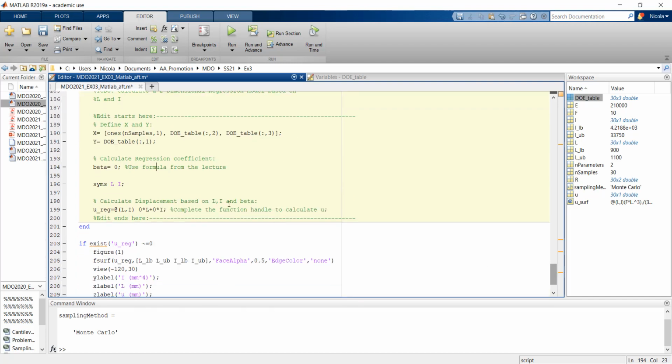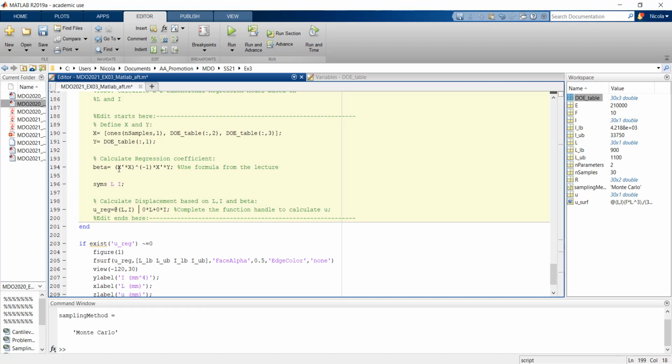Okay, to compute the regression coefficients, we just use the formula. We have to take the transpose of X times X and then compute the inverse, and then multiply it by the transpose of X again and finally by Y. And then finally we have to calculate the regression model.